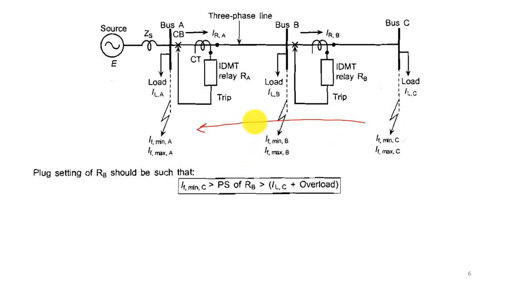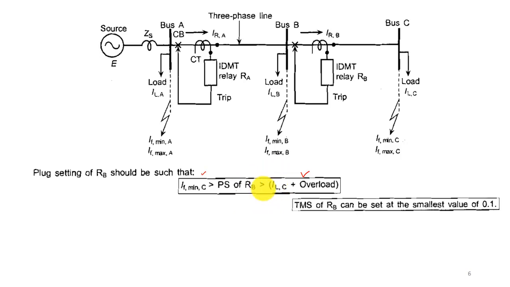Let us first generalize it. Let us first take the clock setting of RB, and it should be such that IF minimum C is greater than or equal to the clock setting of RB, which is greater than ILC plus overload. So your clock setting can be ILC plus overload or IF minimum C; it should be within this range.